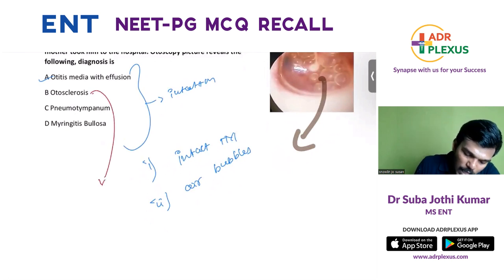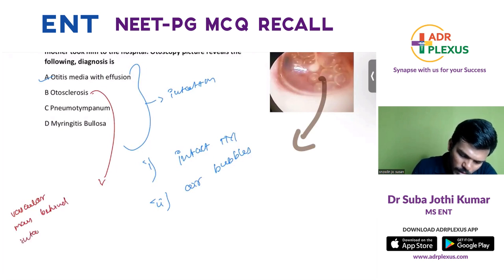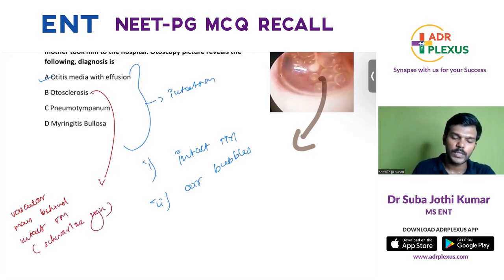You could see a vascular mass behind the intact tympanic membrane, that is Schwartz sign. Is that seen? No, Schwartz sign is not seen here, so that is not otosclerosis.